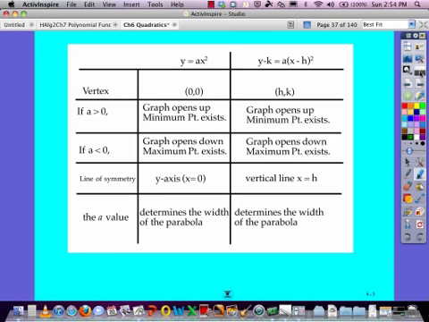All right, here is just a graph that sort of puts it all together. If we now have these two equations, y equals ax squared and y minus k equals a times x minus h, the quantity squared, the vertex form. So this is the original or parent graph, and this is now vertex form, the one that's been translated.